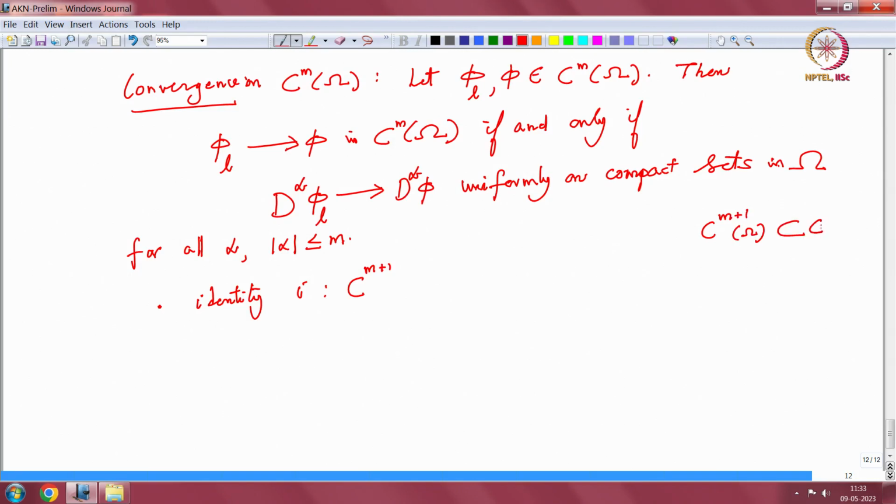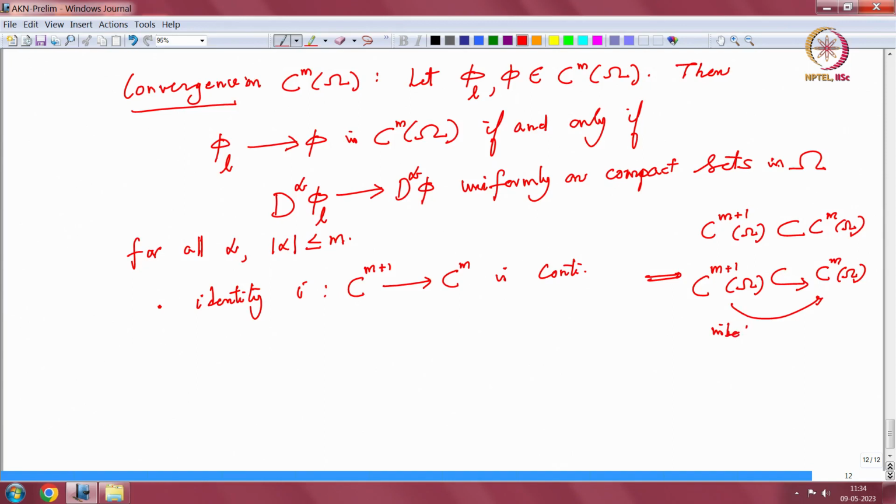So, you can define an identity mapping, and with the Cm topology it is continuous. So, we can write that Cm plus 1 of omega is continuously contained in Cm of omega. When the identity mapping is continuous, we say that this is embedded continuously.